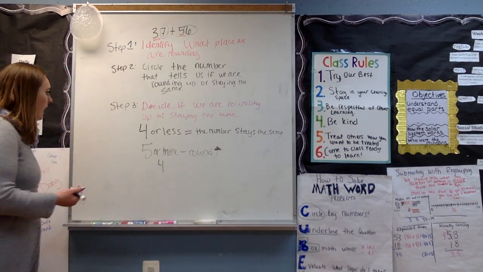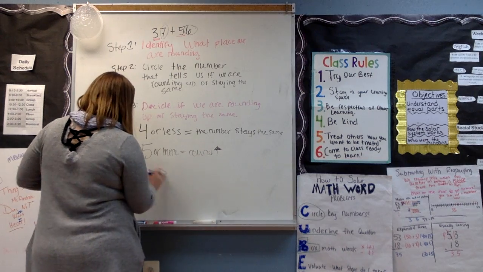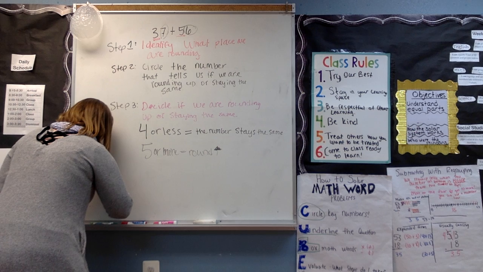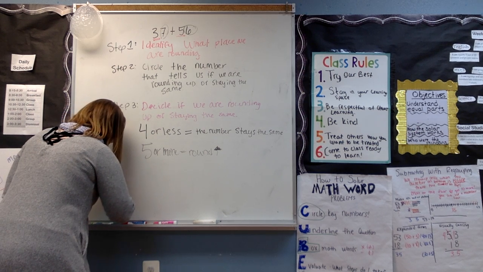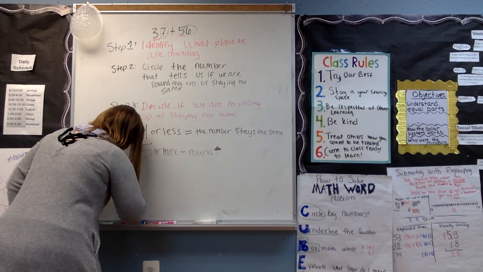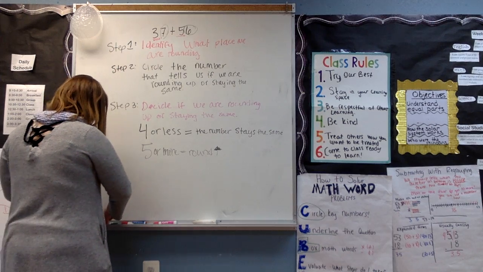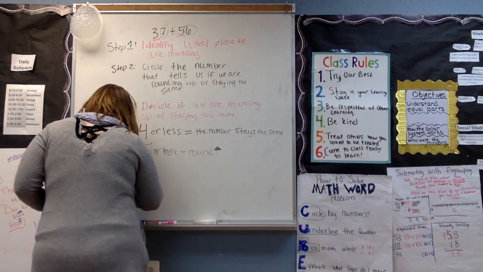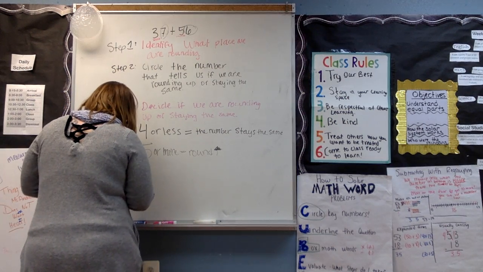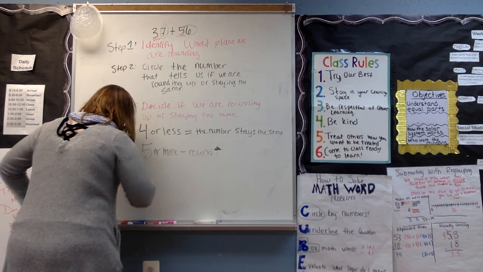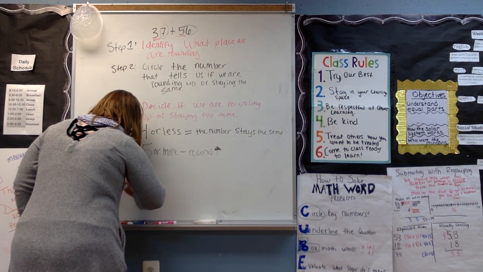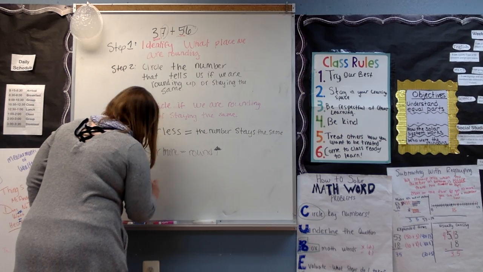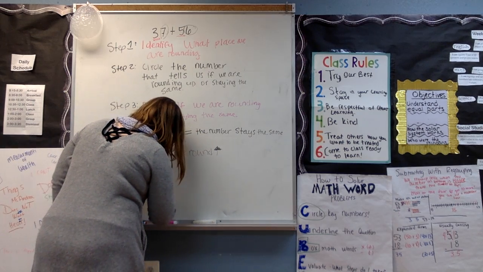And then step 5 is change the decision digit to 0, okay? Change the deciding number to 0.